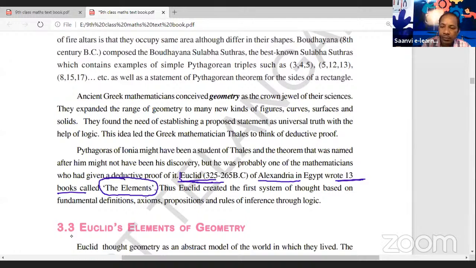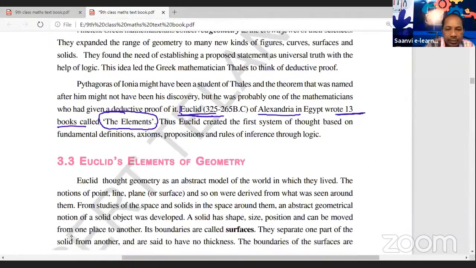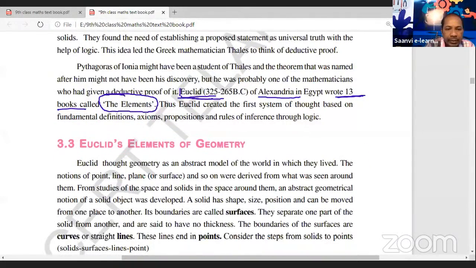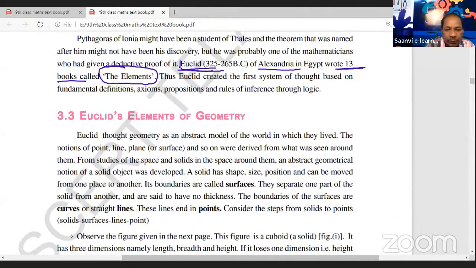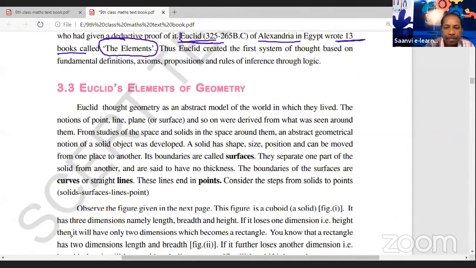Now we can observe that to draw any figure, if you want to draw a triangle, rectangle, or any shape, any bird or animal, it comes under geometry. That is why we can say that Euclid is the father of geometry.